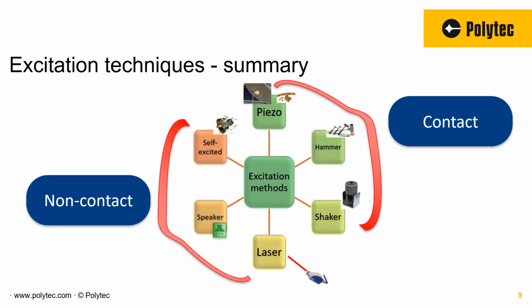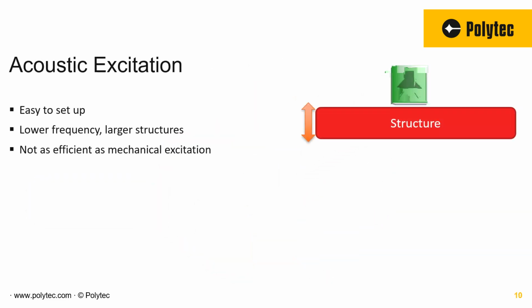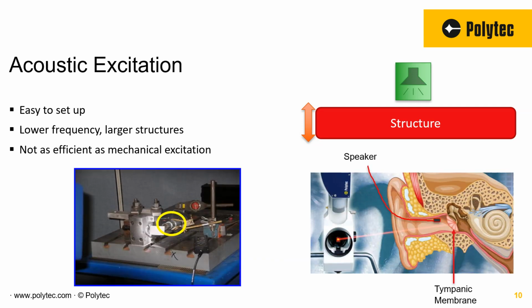So that covers the contact side of things. With the non-contact, let's start with the acoustic excitation. Very easy to use. A speaker, or a focused acoustic source like a parametric speaker or an acoustic horn would be good examples. Something to keep in mind is the efficiency would not be comparable to a mechanical excitation where you are in contact with the structure, but very easy to use. And in many cases, the only way to do it, and I have a couple of examples down below.